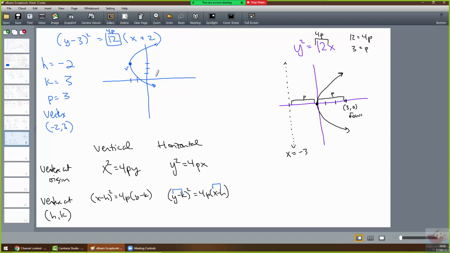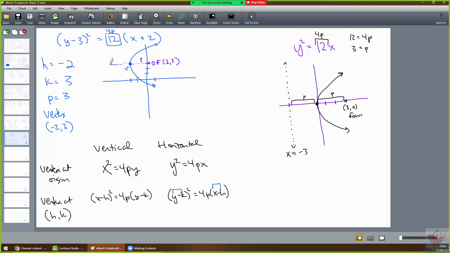Would that be 1, 3? Excellent. So that means our focus is at 1, 3. Because we want p units to the right.